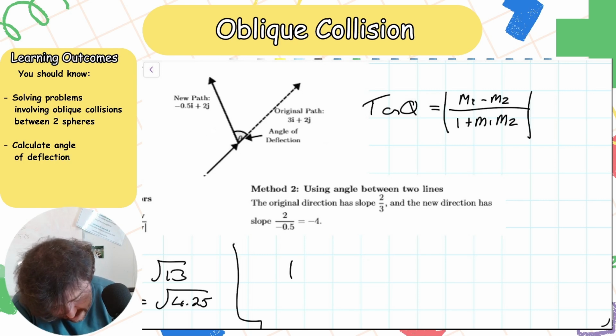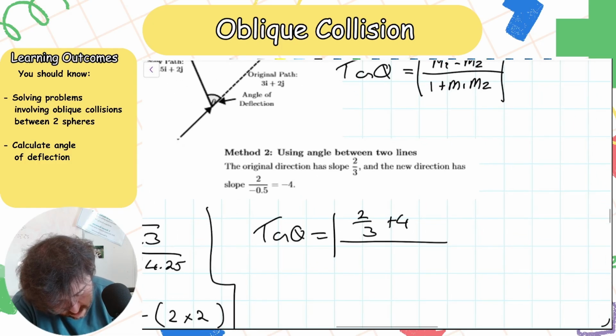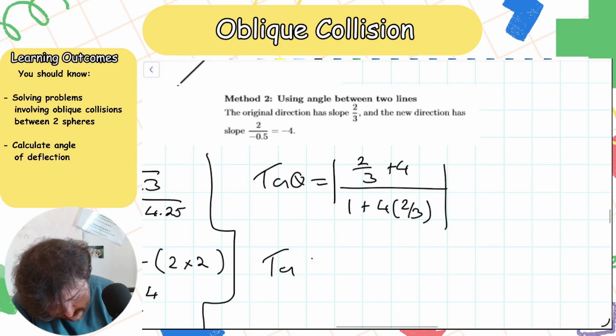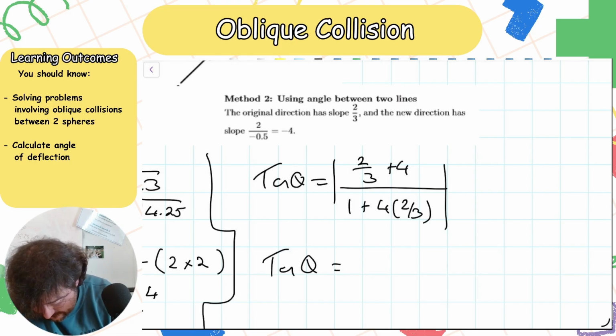So, sub it in. Tan theta is equal to 2/3 minus minus 4, which is plus 4, all over 1 plus 4 times 2/3. Tan theta is equal to plus 4 over 1 times minus 4 times 2 over 3.